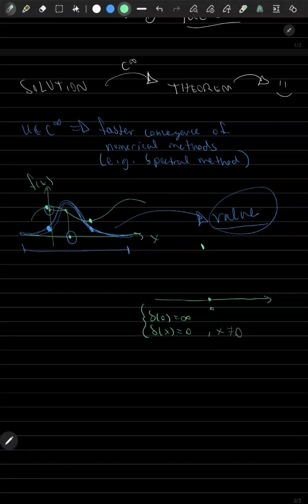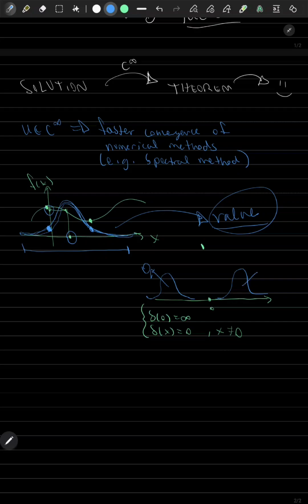So that would be the informal definition, but you can define an object like this formally using distributions, and the way you do that is the distribution would be defined as basically every test function that has support that doesn't intersect the origin. So for these test functions over here, you would return 0.